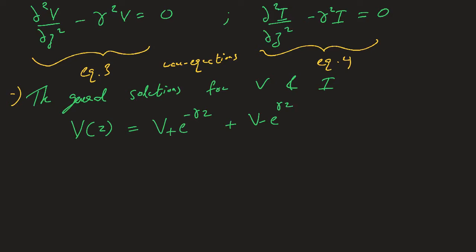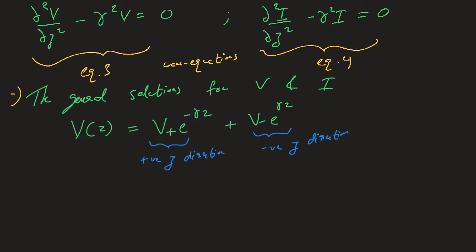Where this is the component that propagates in the positive z direction, and this is the component that propagates in the negative z direction. And we had a detailed discussion about this last time also, on why that is.